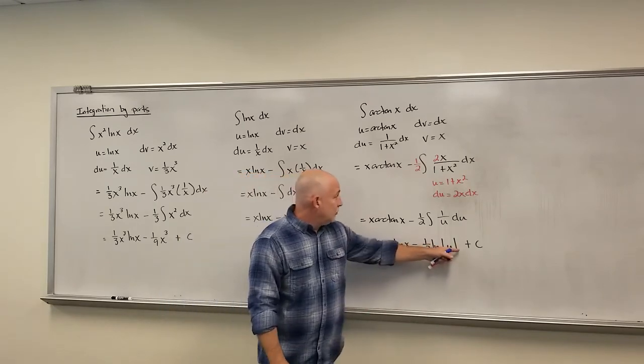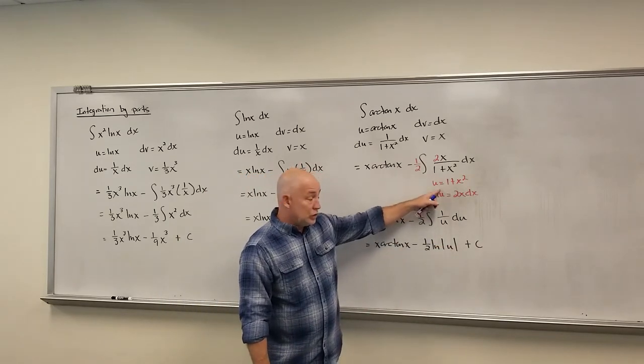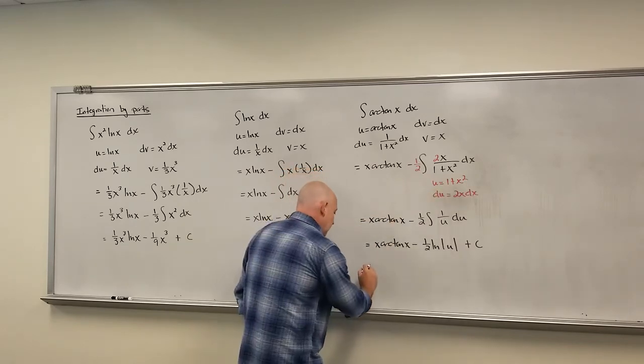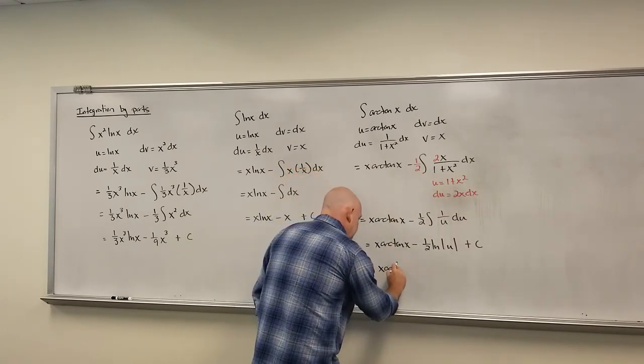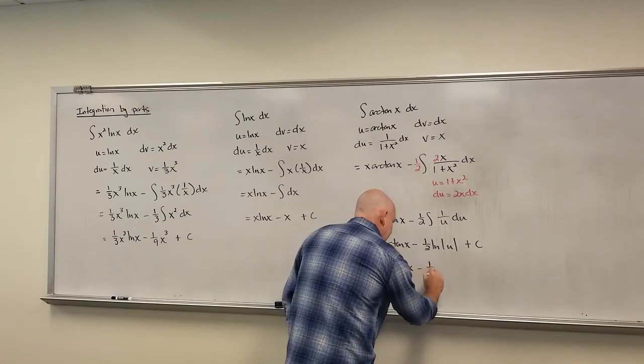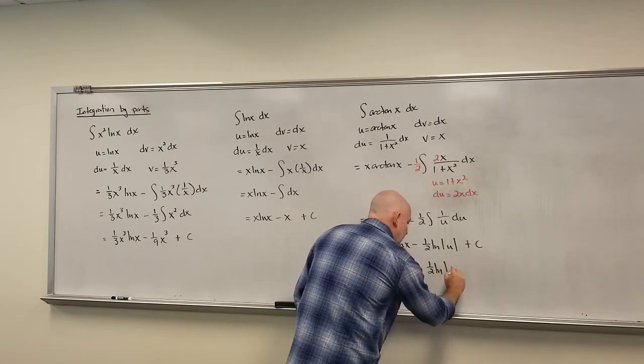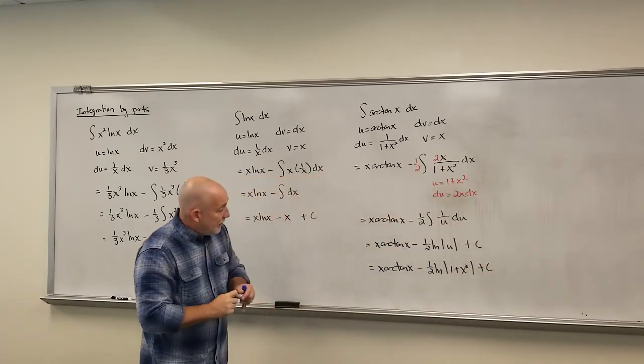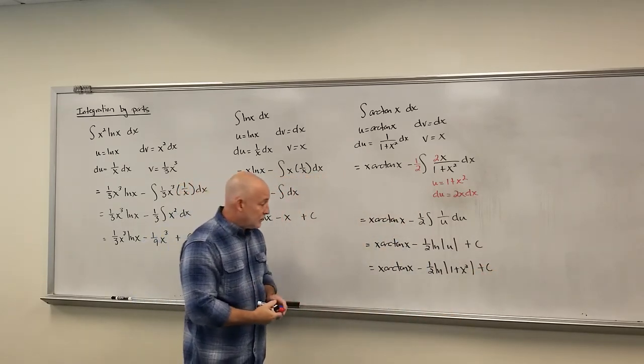But of course, we don't have u's in our original problem. We need to put back what this u was, because that's for our u substitution. So that is 1 plus x squared. So x arctangent of x minus 1/2 natural log 1 plus x squared plus c. Now, if you look in the back of the book, the author should have something extremely close to this.